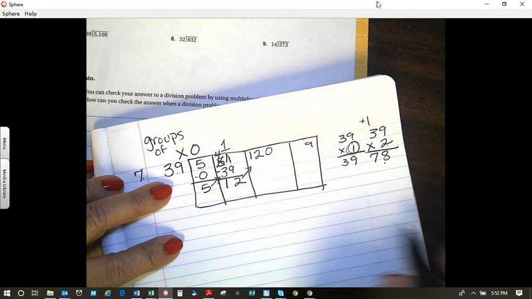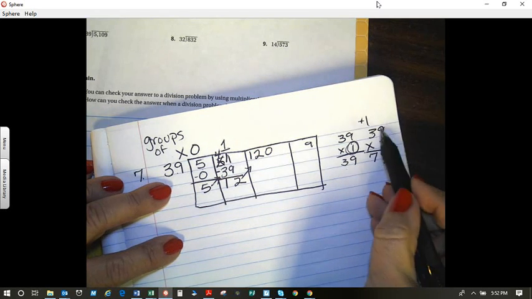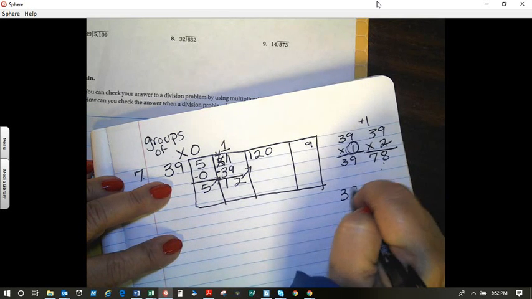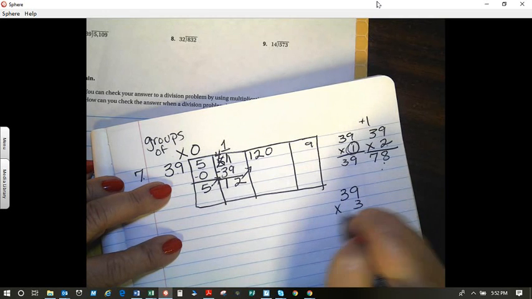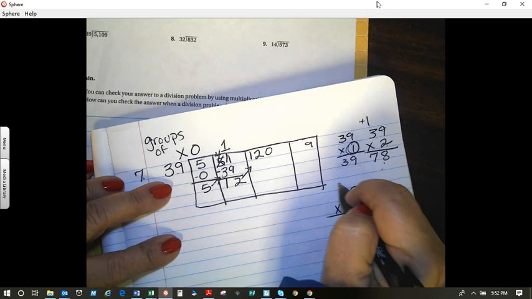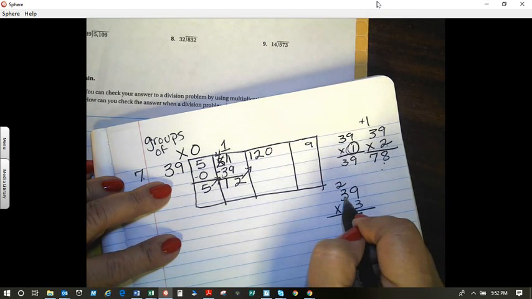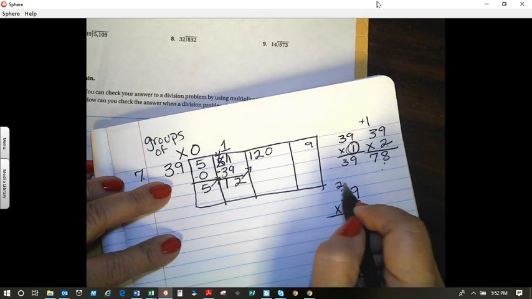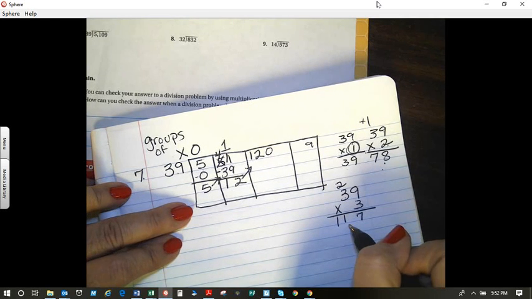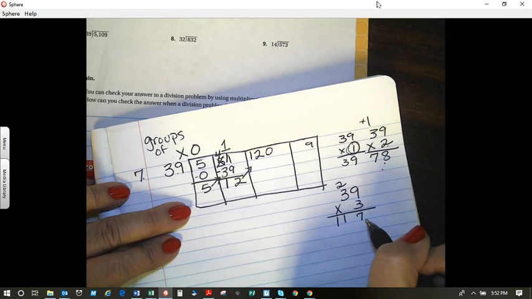So I'm going to keep going because 2 groups of 39 equals 78. So what is 3 groups of 39? 3 times 9 equals 27. 3 times 3 is 9, plus 2, that's 11. Okay, I think that's the closest that I can get to without going over.